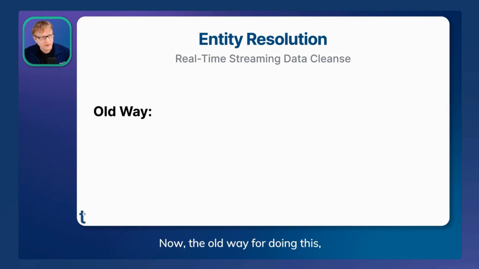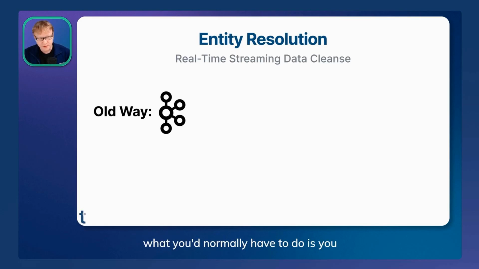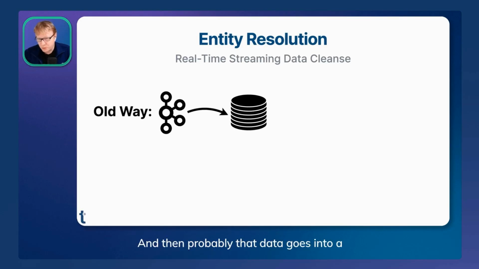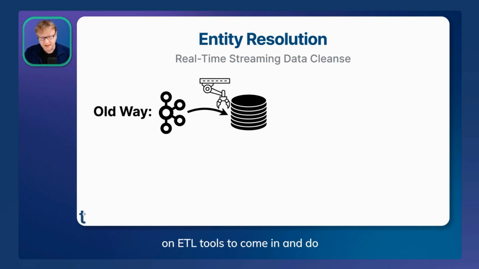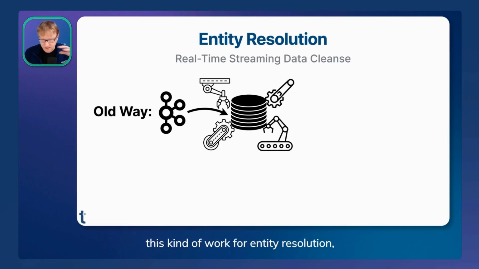Now, the old way of doing this, what you'd normally have to do, is you might start with Kafka. You've got data streaming in, and then probably that data goes into a database or into a data lake where it comes to rest and it stops streaming at that point. And it does so that you can bolt on ETL tools to come in and do this kind of work for entity resolution, maybe for other purposes too. But you bolt on those tools to a static data set.